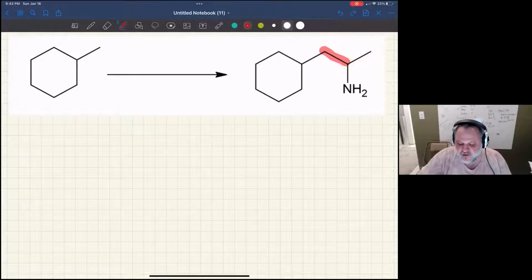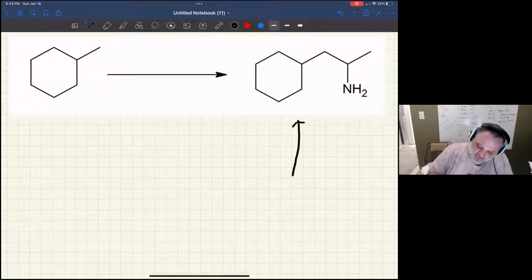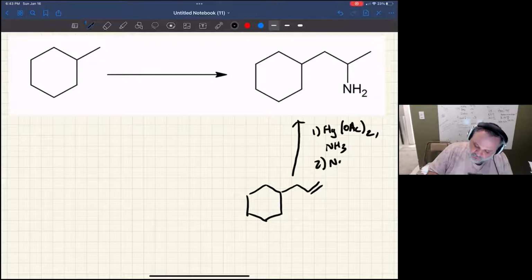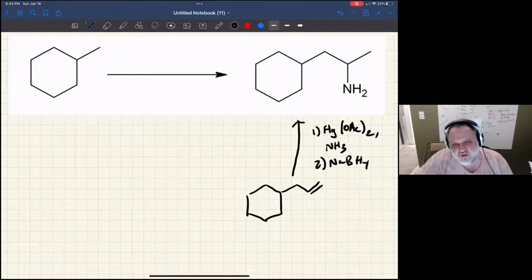So let's try to have a more efficient route that involves having a double bond at the end, because now with this oxymercuration, demercuration, we know that all of our product will be the product that we're looking for.